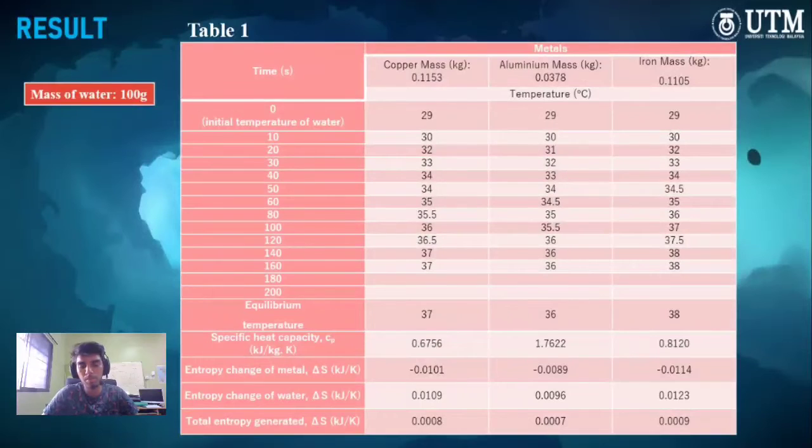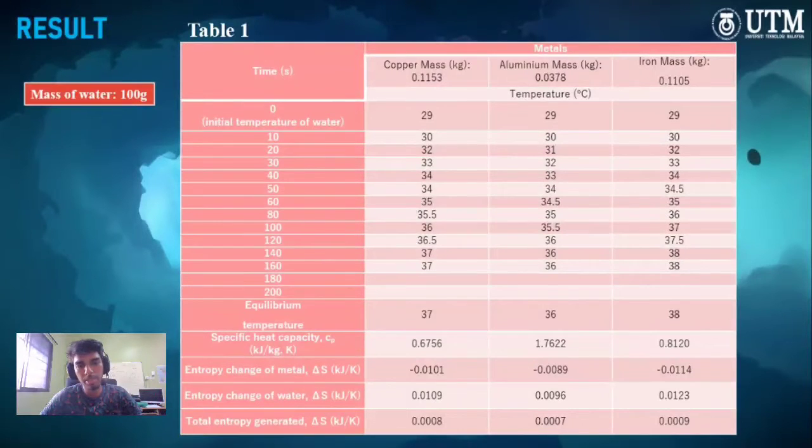As we look in copper, the initial temperature was 29 degrees Celsius, and then the temperature increases at every 10 seconds until it reaches 37 degrees Celsius. So the recording is stopped until it reaches an unchanged temperature. For this copper, it is increased until 37 degrees Celsius. So the equilibrium temperature is 37 degrees Celsius.